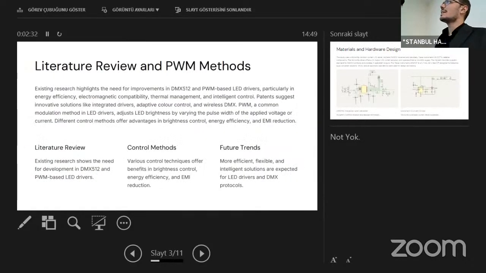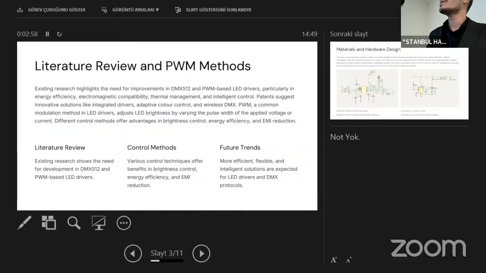Literature review. Existing research highlights the need for improvement in DMX 512 and PWM-based LED drivers, particularly in energy efficiency, electromagnetic compatibility, thermal management, and intelligent control.